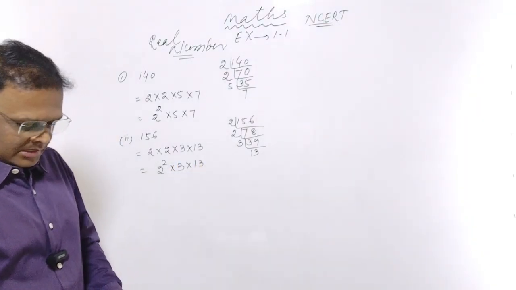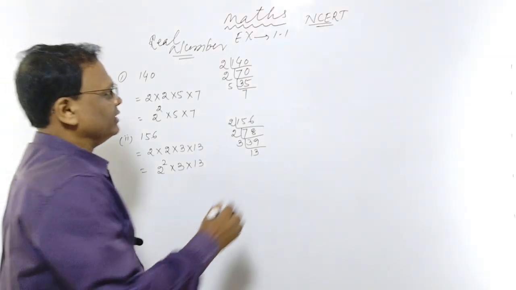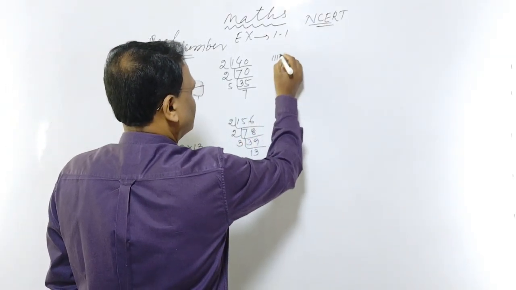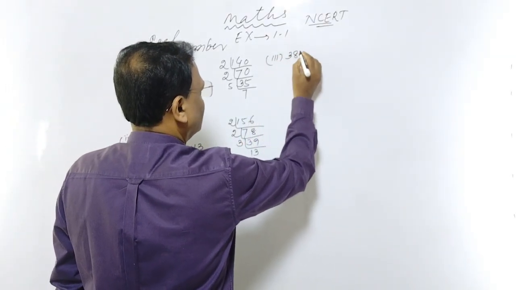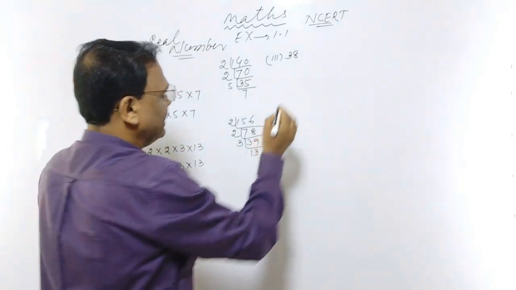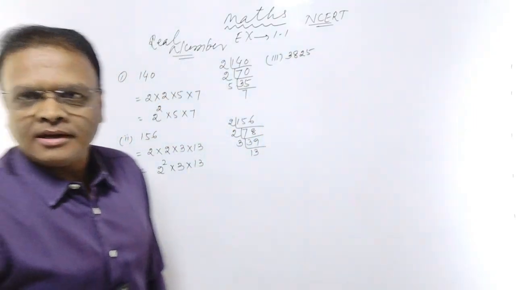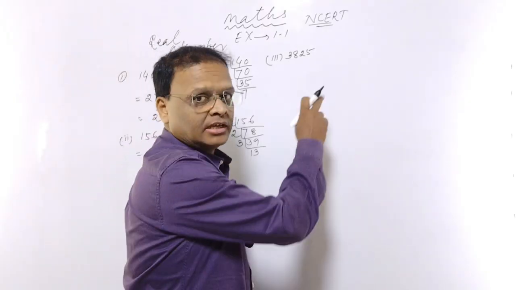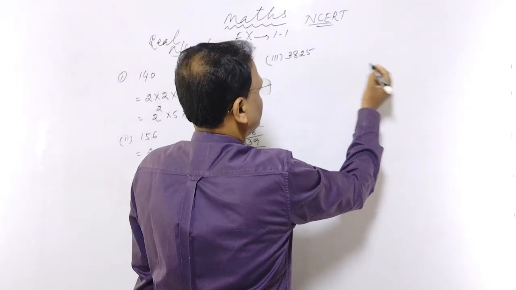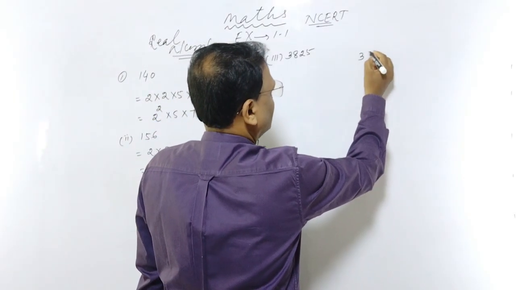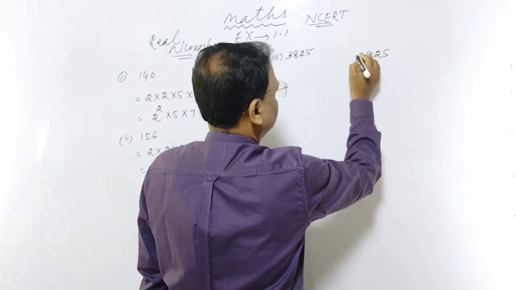Now the third one, what is given? 3825. Let me find the prime factors of 3825.